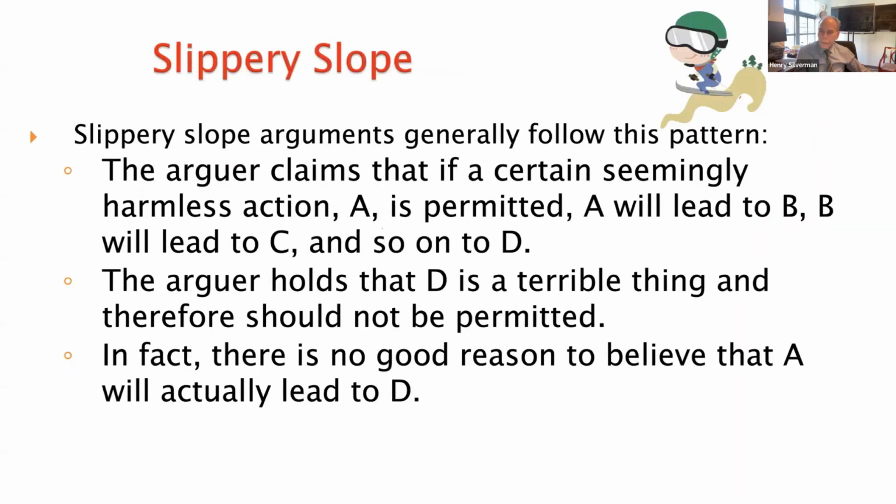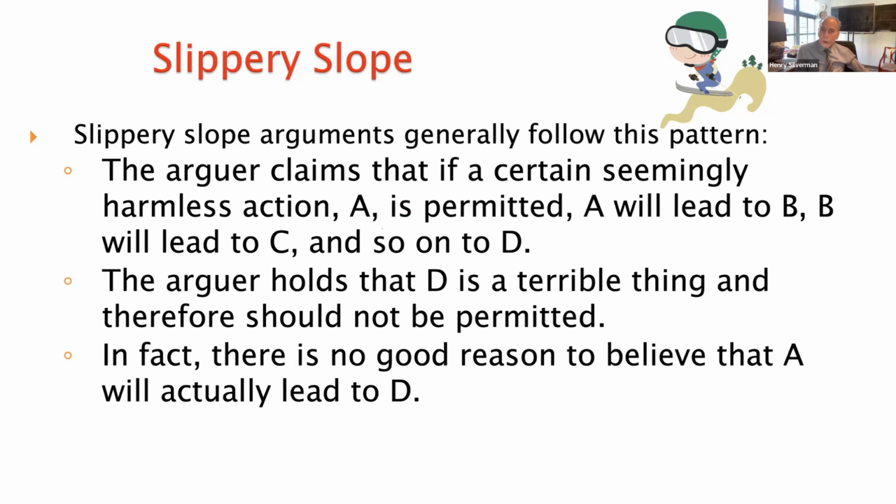A slippery slope. Let me end by this. This occurs very frequently, and I think we've seen that in some of our previous exercises. Essentially, an arguer claims that if a certain seemingly harmless action, A, is permitted, A will lead to B, and B will lead to C, and so on, and the arguer holds that D is a terrible thing and therefore A should not be permitted.